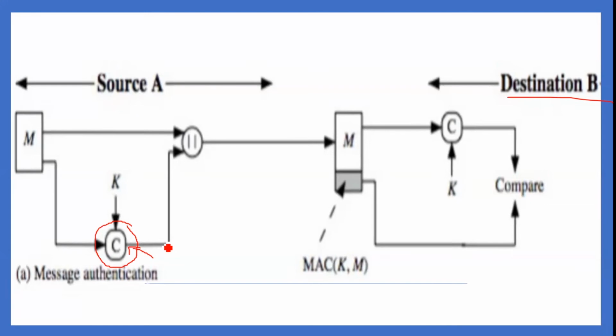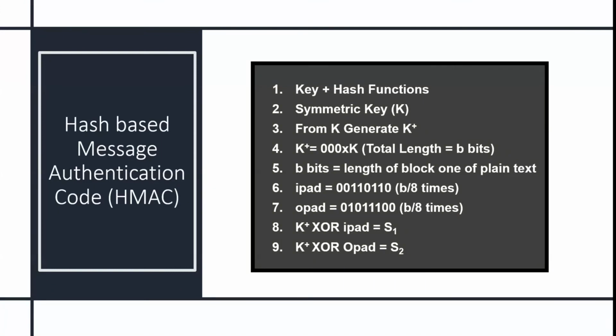The coder function is used to generate the MAC, that is the message authentication code. Okay. So let us move to the first function, that is hash based message authentication code, HMAC. The abbreviation is HMAC.